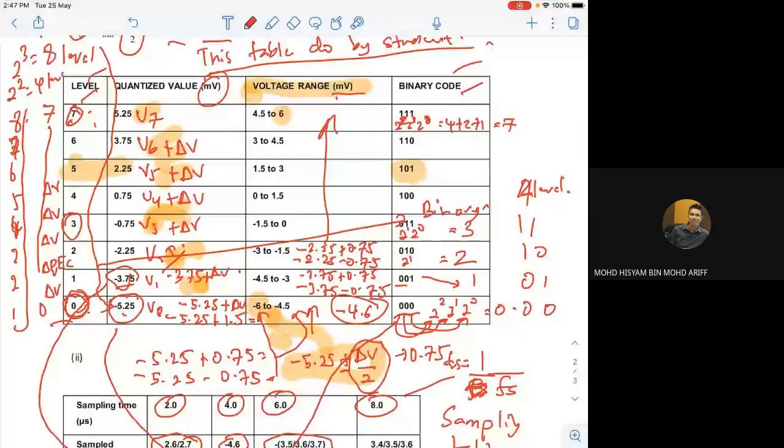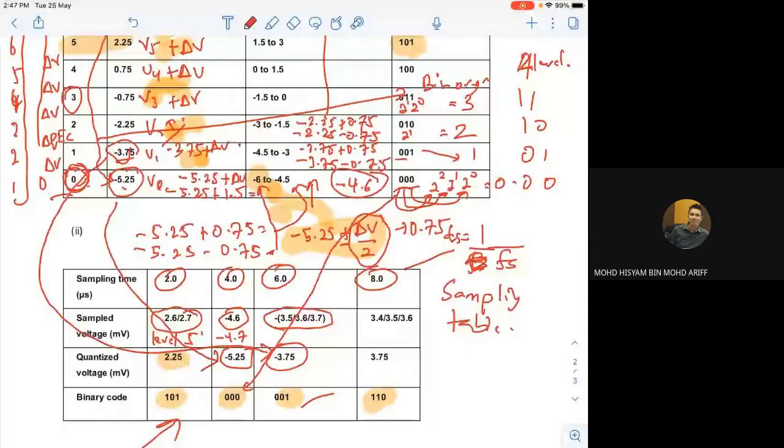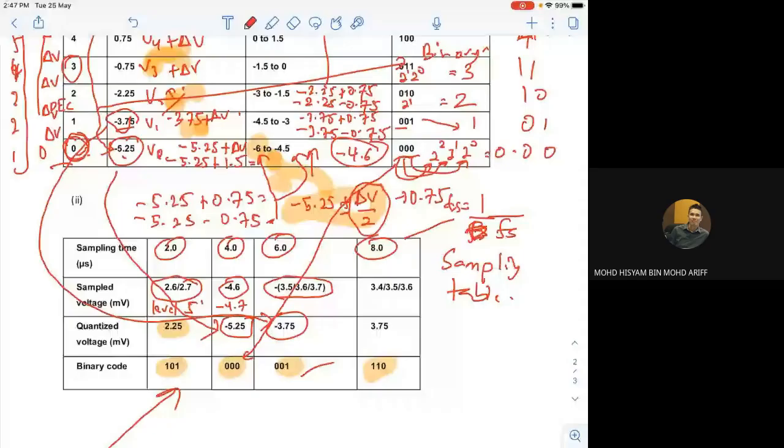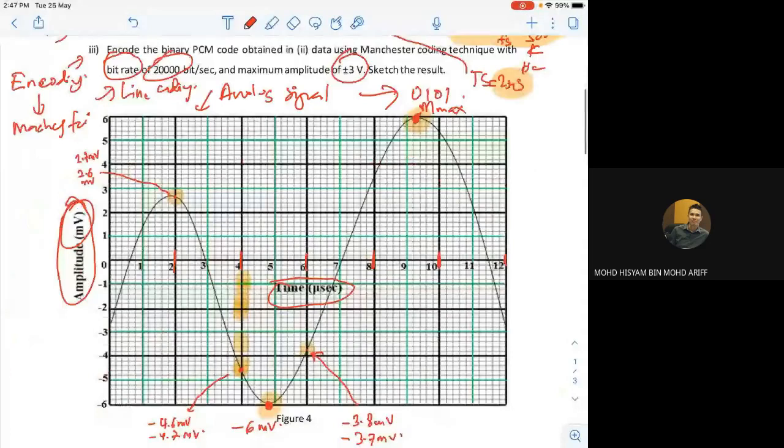We create the sampling table. Sampling table for what? So that we can obtain the value of the binary code. If not, we cannot. After that you refer back to your analog signal, start to quantize, and start sampling first. Once you get this analog signal, you must do sampling.